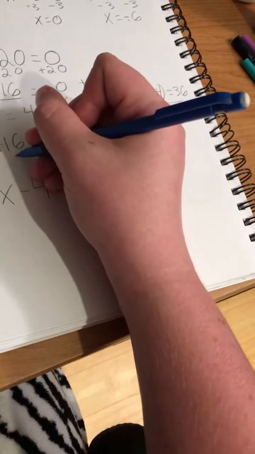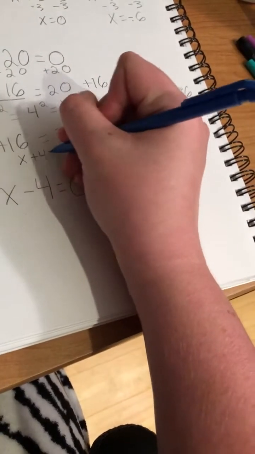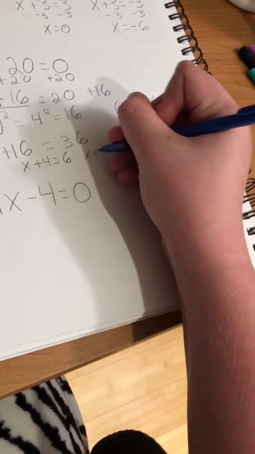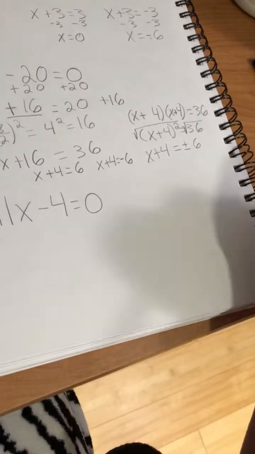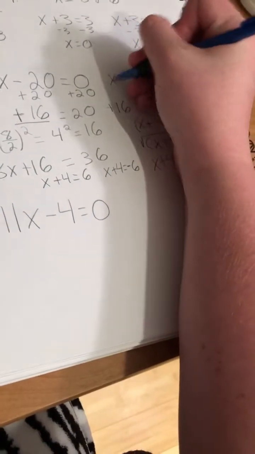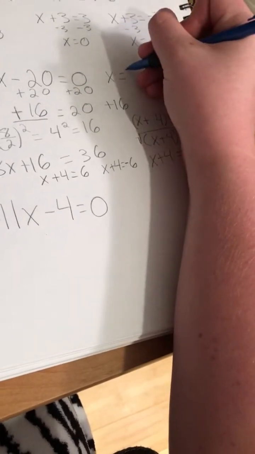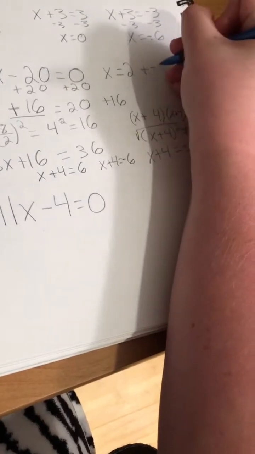So remember, this means that we have x + 4 = positive 6. Also, x + 4 gives us negative 6. So our solutions are x equal to positive 2 and negative 10.